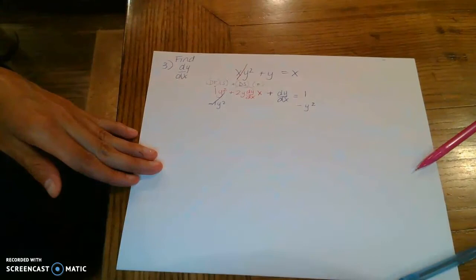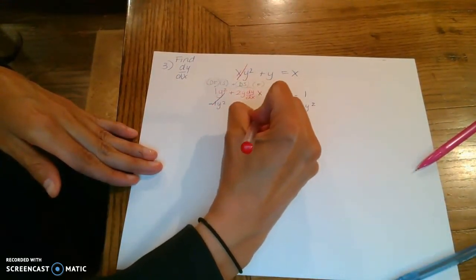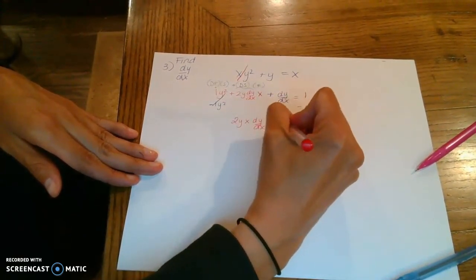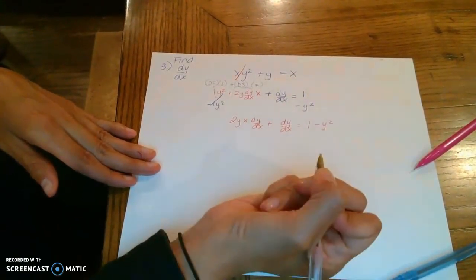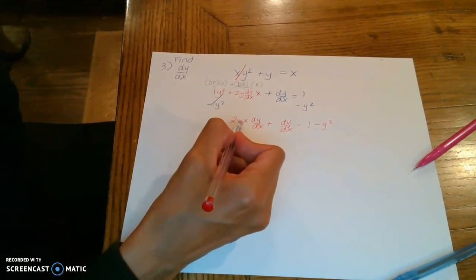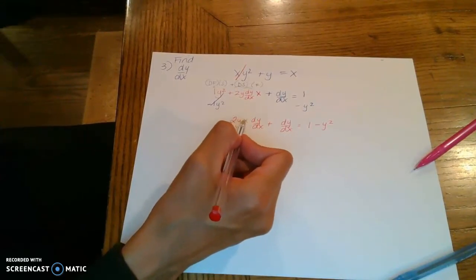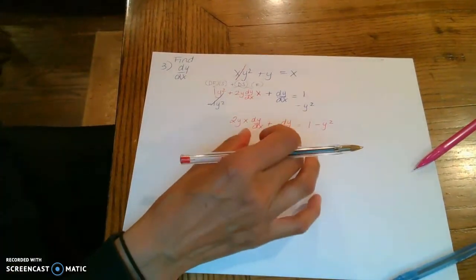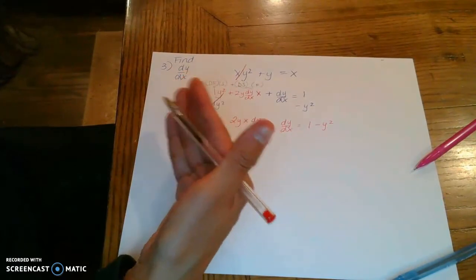And so I get on this side 2y x dy dx plus dy dx is equal to 1 minus y squared. Okay, and I probably really would have written this as 2xy dy dx just because I usually put this in alphabetical order, but you could have left it in this form too. Anyhow, you got the terms that contain dy dx on one side by itself.